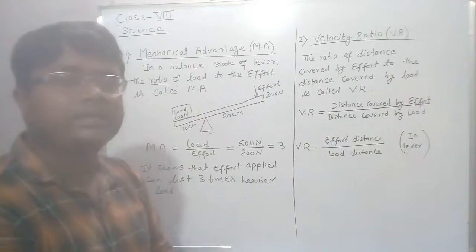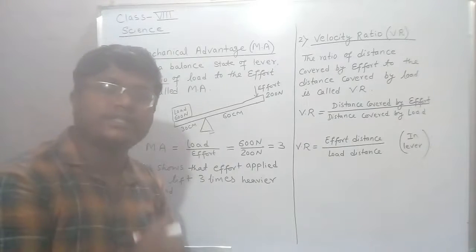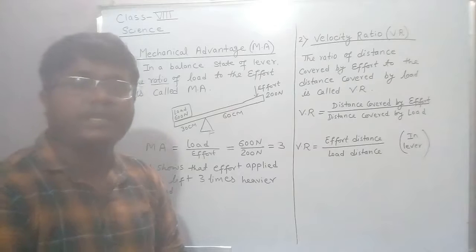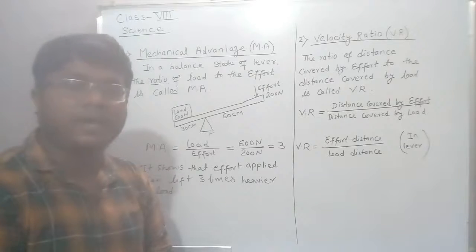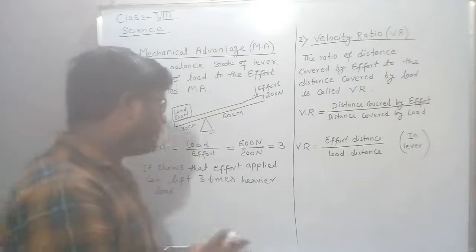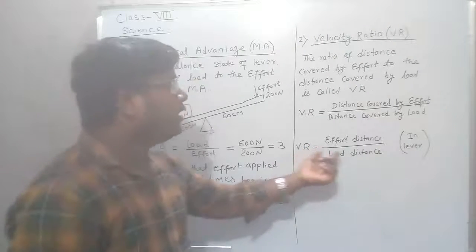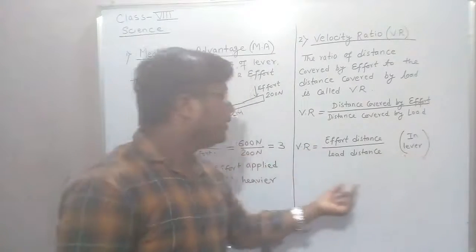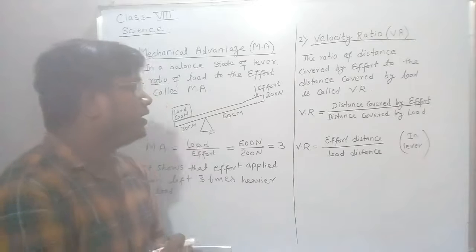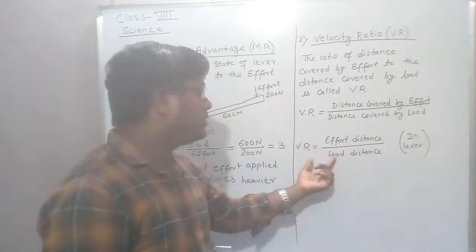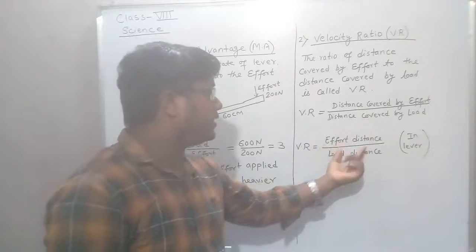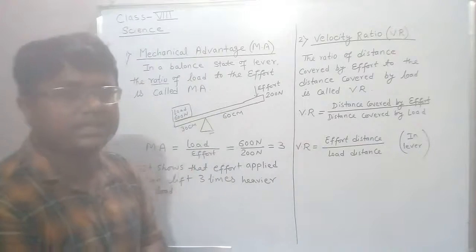Is it clear? Velocity ratio is the ratio of distance covered by effort to the distance covered by load. So in a lever, velocity ratio can be expressed as the ratio of effort distance to the load distance.